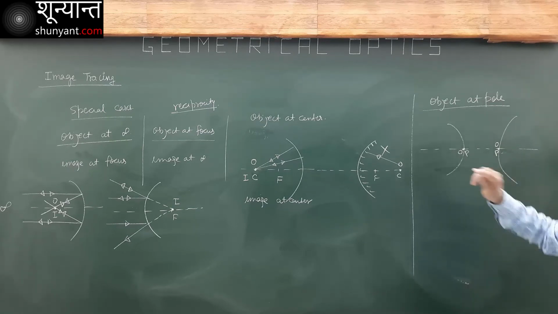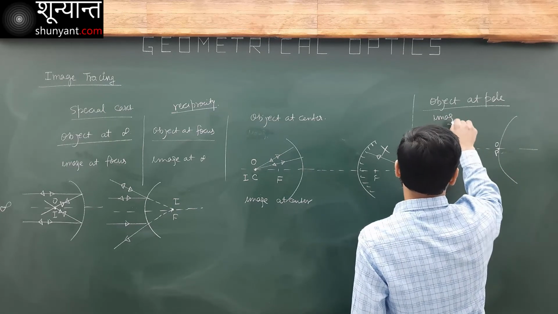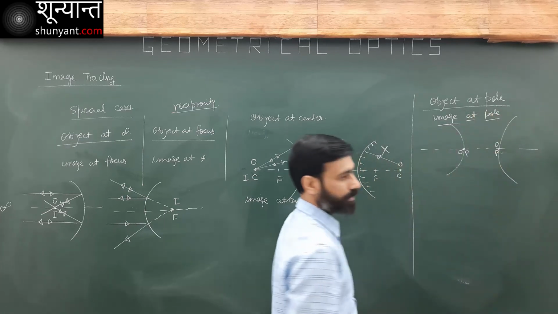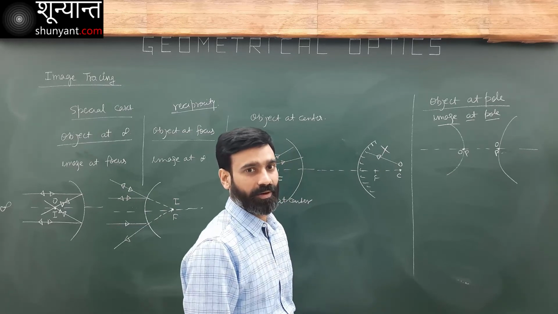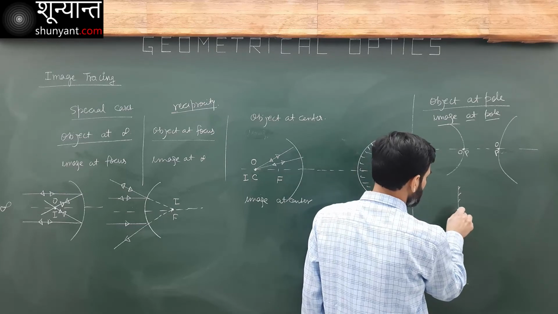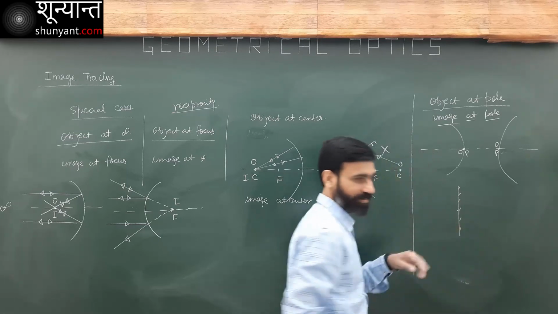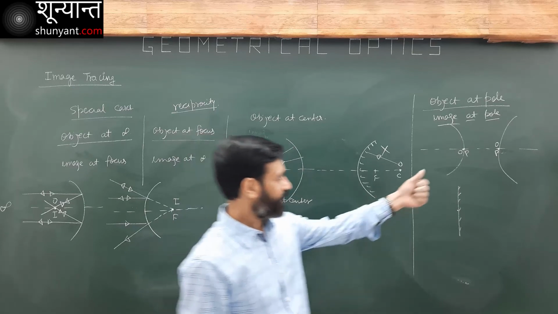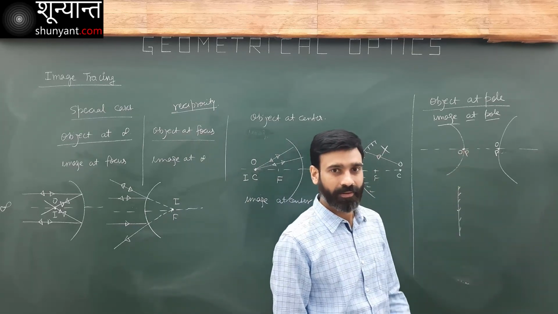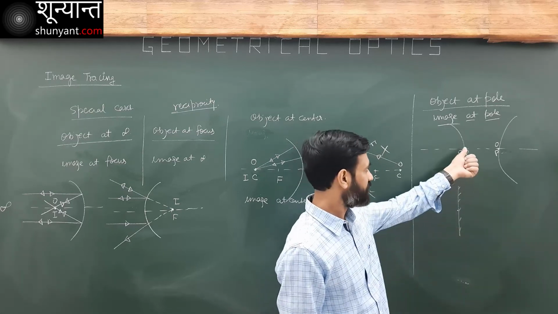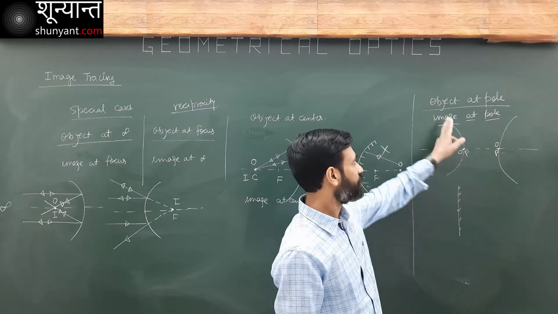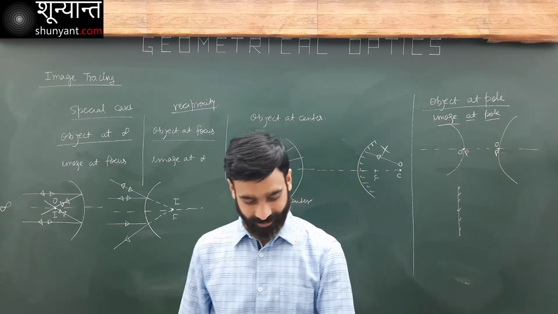The image will be at pole. It's like a plane mirror: if the object is at the surface, the image is also at the same point. Here, the object is almost touching the pole, so it's like a plane mirror for it. This point is a little confusing, so you have to remember it. Image will be at pole.